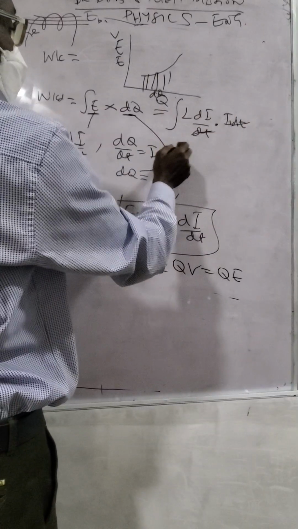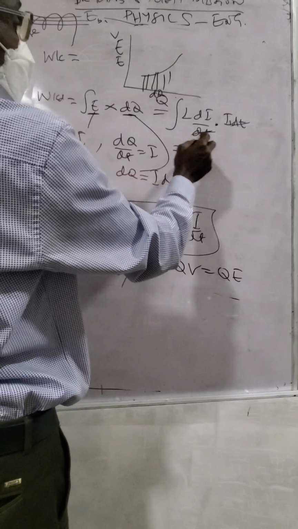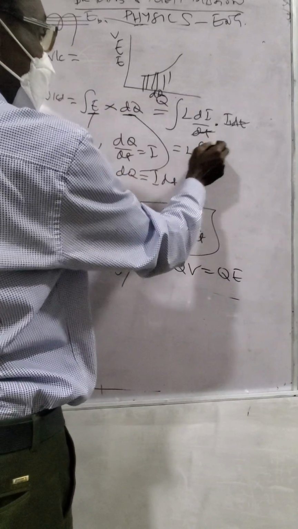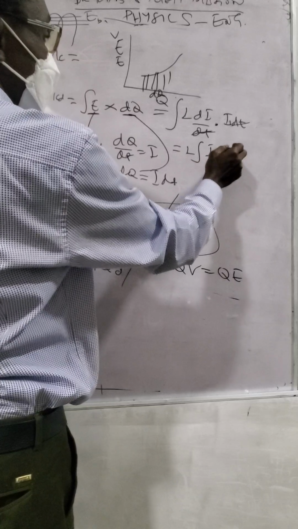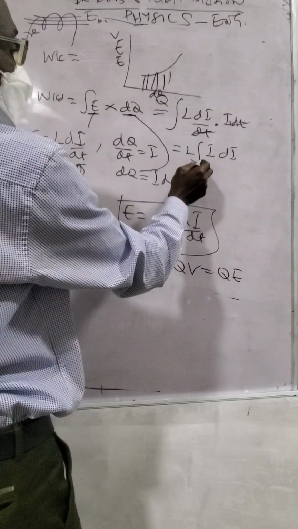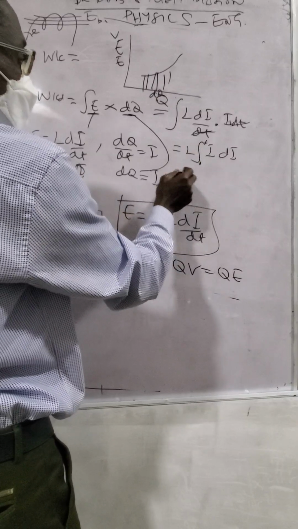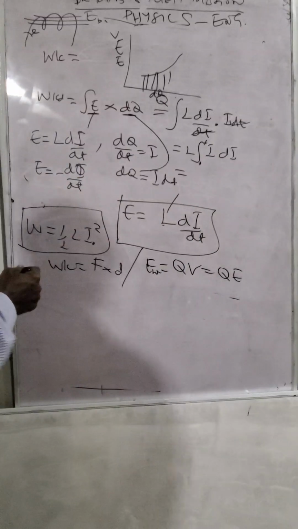This dt will cancel this, and L is a constant, so L comes out. Then we have I here. Integrating the current from the initial to the final gives us the equation.